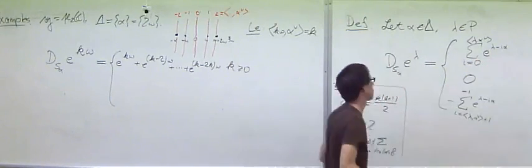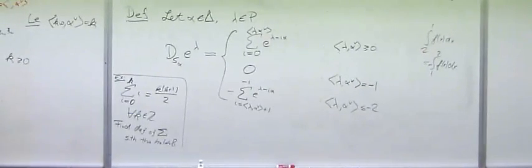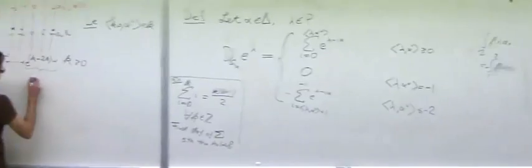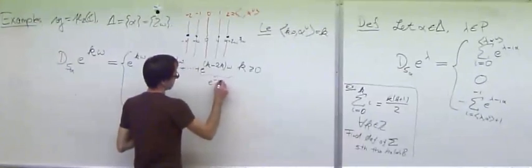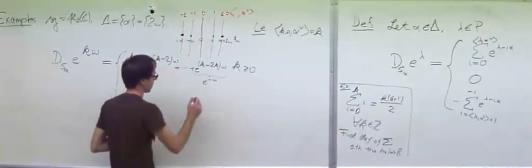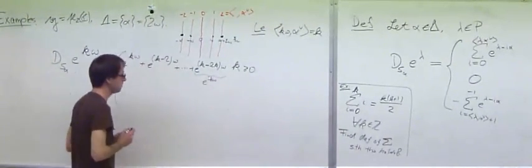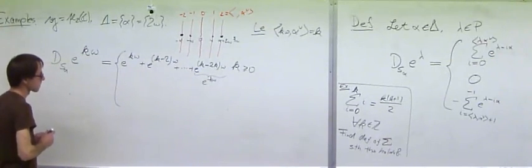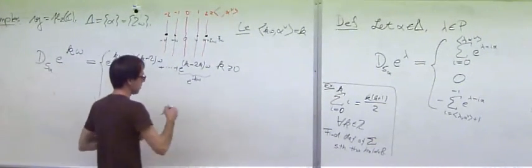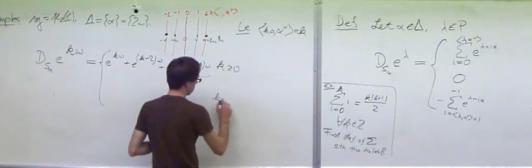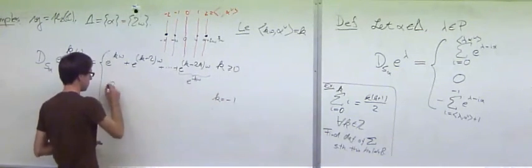Alpha is 2 omega, so we have to subtract 2k times omega. So this is just e to the minus k omega. Then if k equals minus 1, it's 0, this is clear.